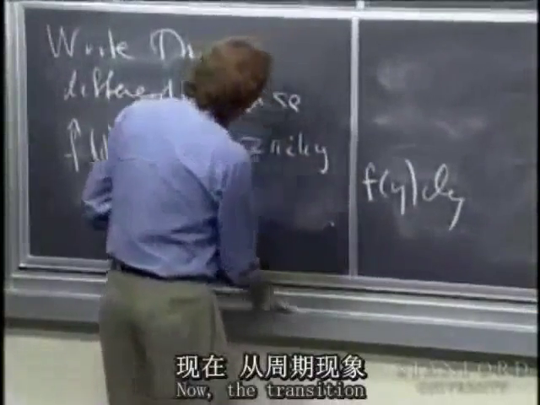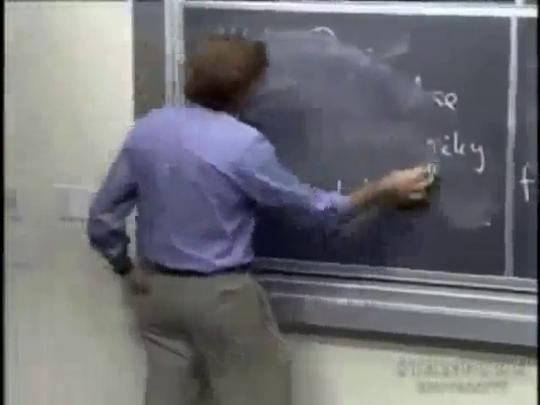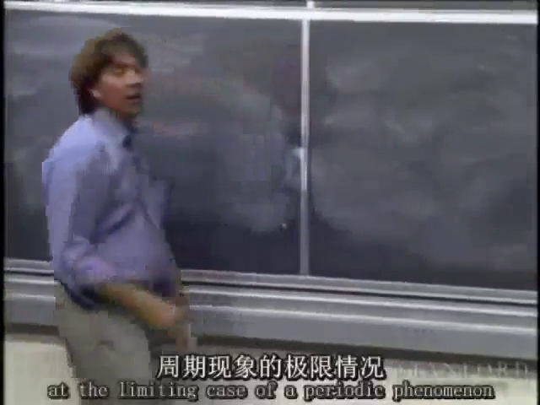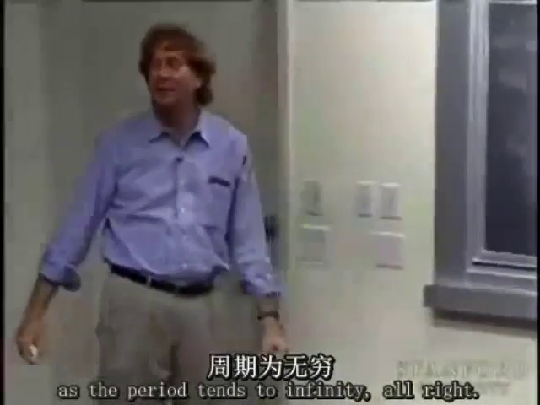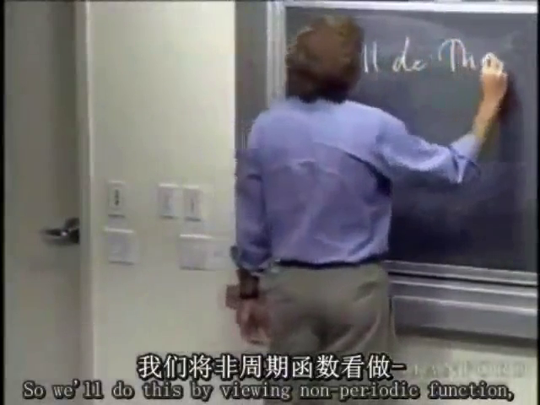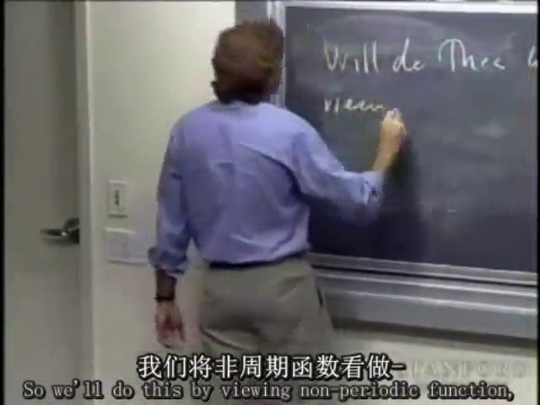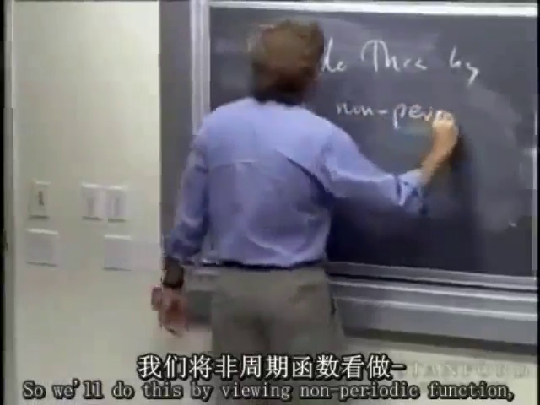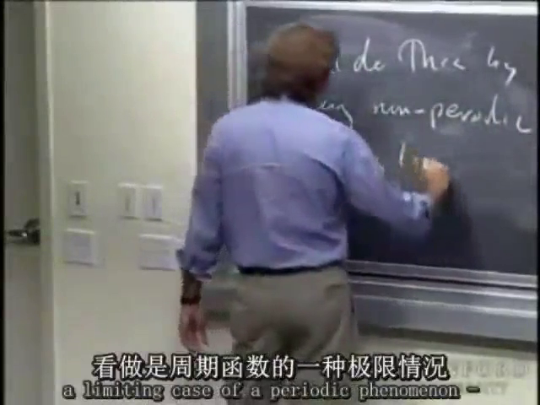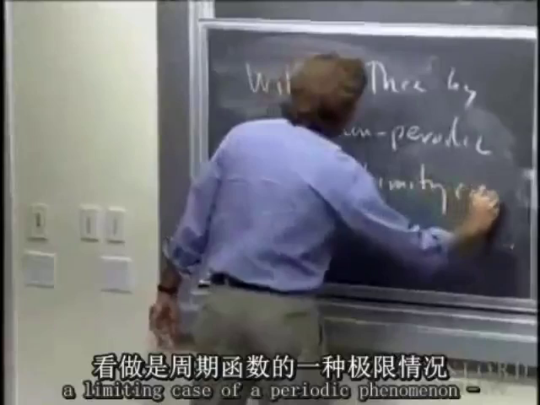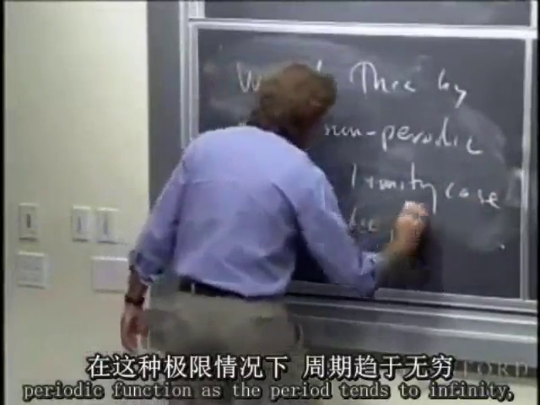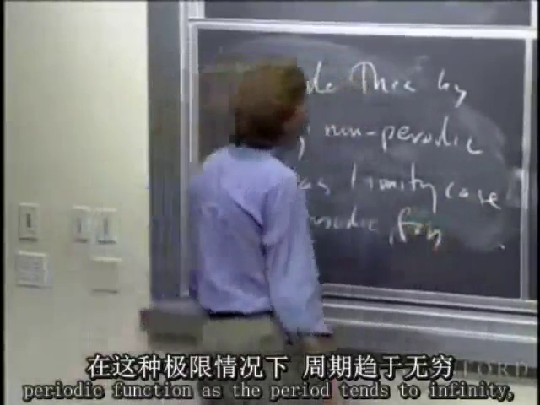Now, the transition from periodic to non-periodic phenomena, the way we're going to accomplish that is to view a non-periodic function as the limiting case of a periodic function as the period tends to infinity.